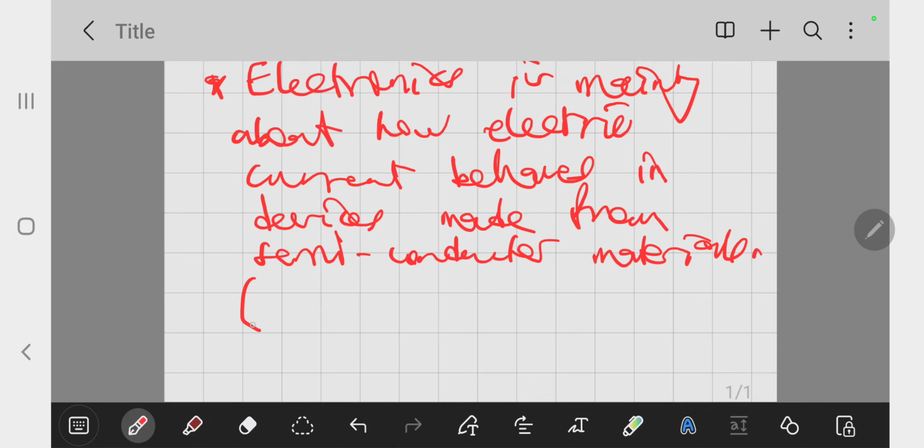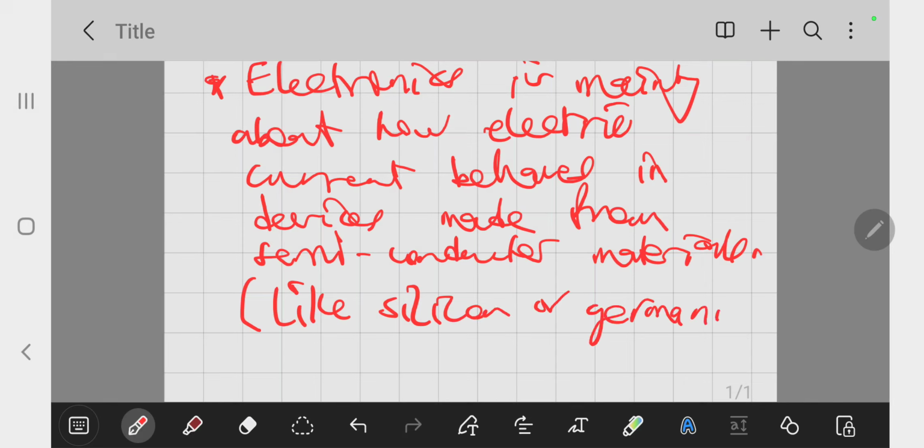This includes mainly elements like silicon or germanium. So in simple terms, what we're trying to say is that electronics is basically the flow of current in semiconductor materials, in a layman's language.